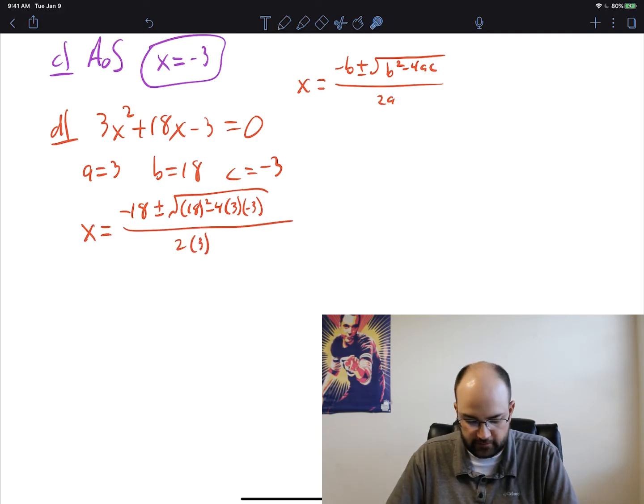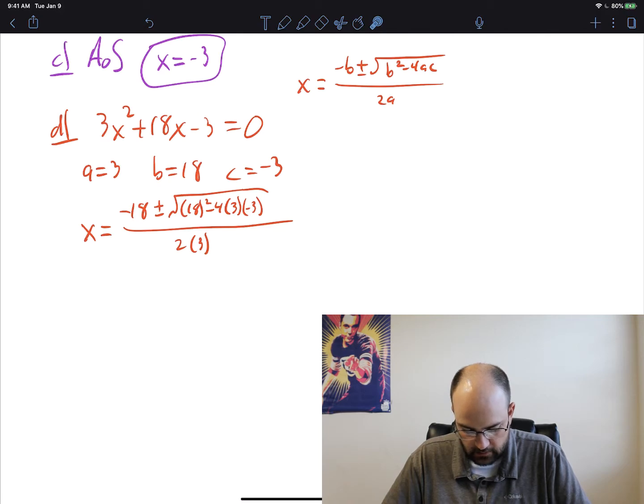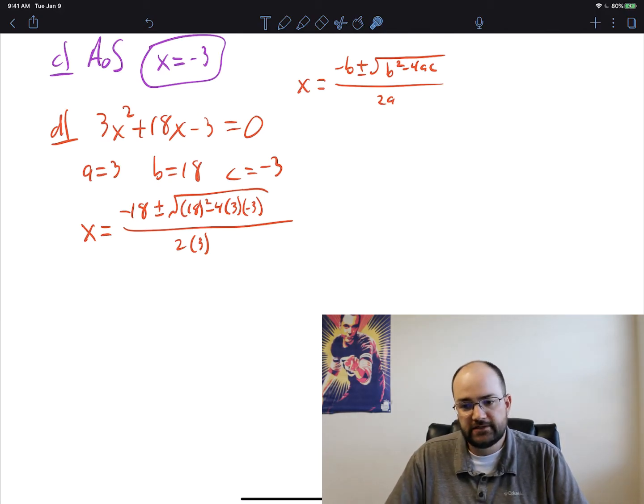And we have to be very careful. Make sure that this goes all the way over this over here. The entire thing has to be in the numerator. And then you just type it in. Or, as I prefer to use, just use the program in the calculator. So program, and then quad.